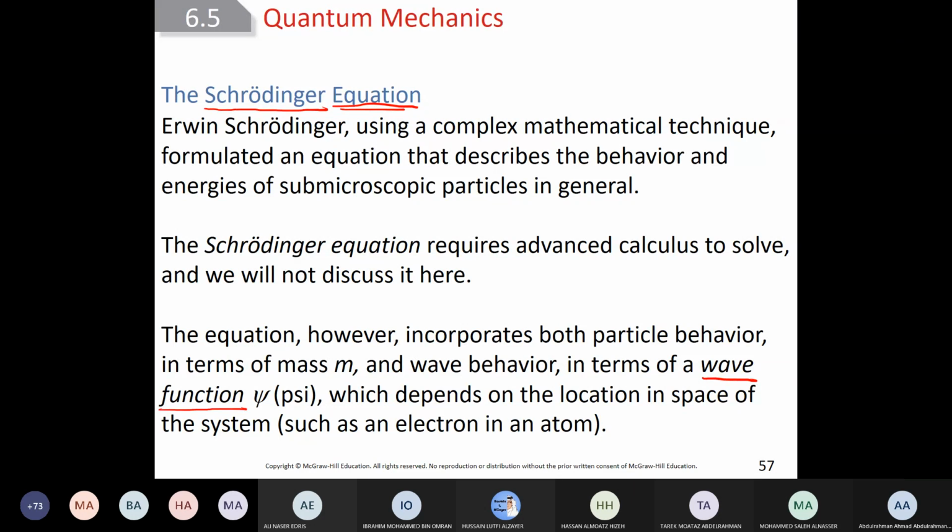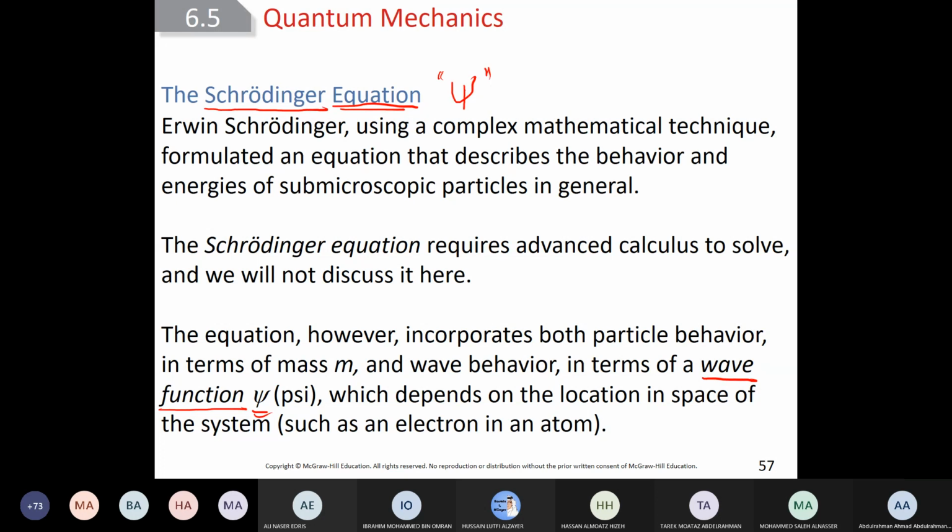What's the name of the scientist? Schrödinger. What's the wave function? It's psi.